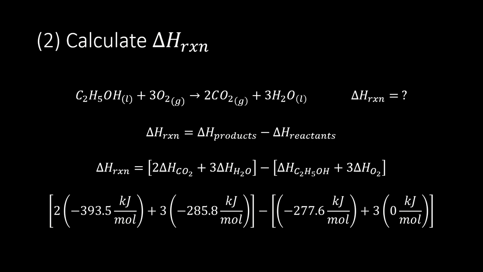Separately, we will take the reactant side, which is going to be 1 times the heat of formation of ethanol in the liquid state, plus 3 times the heat of formation of molecular oxygen in the gas state. And then, once we sum all of those together, we'll take the difference of the product side from the reactant side.